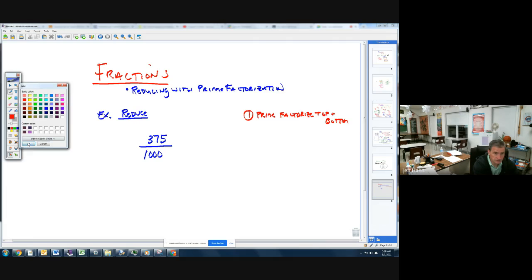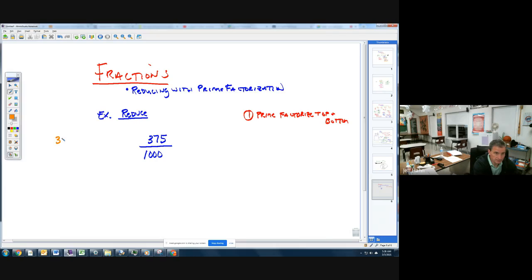So let's do 375. If I were prime factorizing 375, because right off the top of my head I don't know what times what gives me 375, but I know it's divisible by 5 because of this 5 over here, I would just say, hey, let's do division by primes to factorize this. So 5 is a prime number, so I'm going to divide 375 by 5.